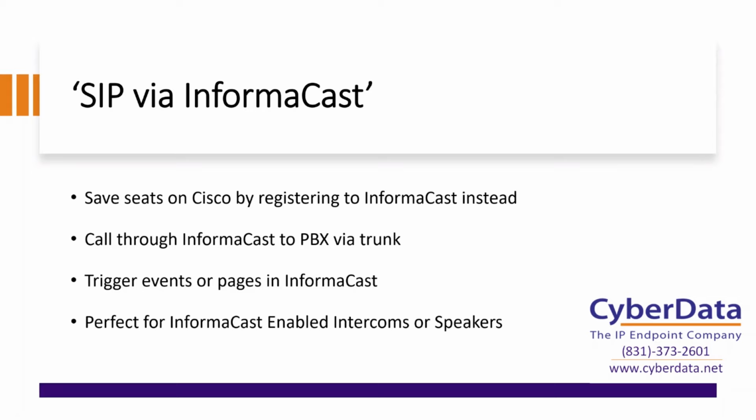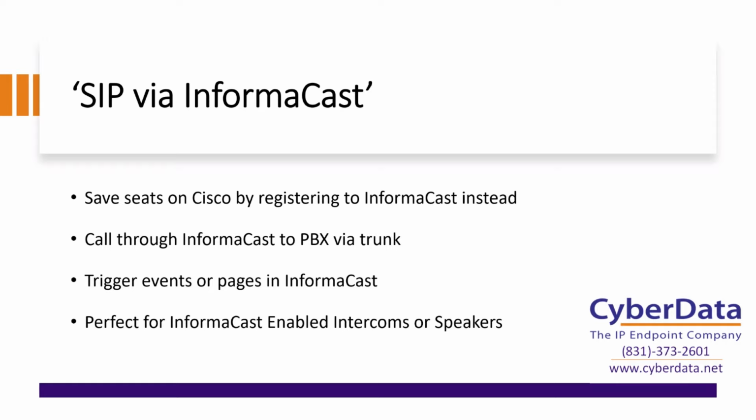But it can also work in the inverse, where you can call from your phone system through InformaCast to, say, a distinct speaker, which can be a little bit more difficult using a message group that is only one speaker. It takes a little bit more work to set that up, but you can just call directly to that extension through your phone system because of the feature set of SIP via InformaCast.